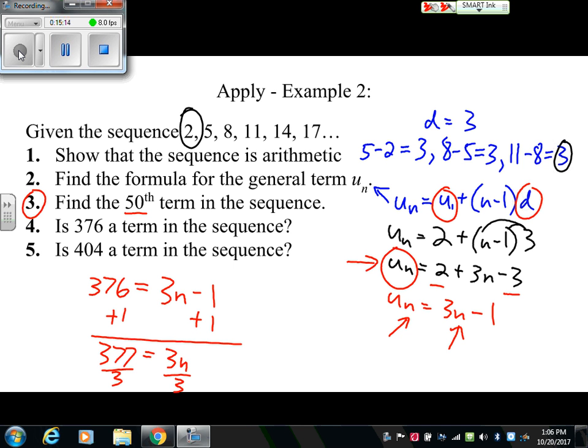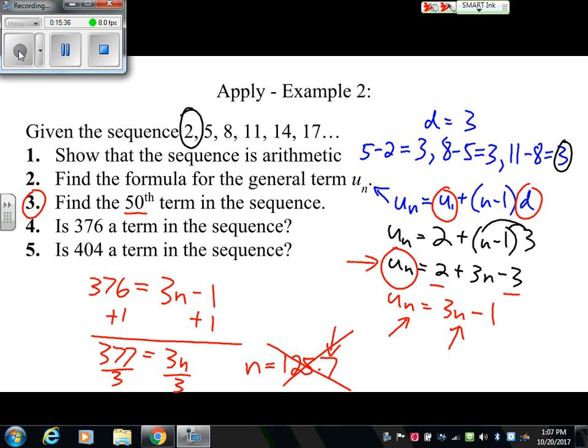And when I take 377 and divide it by 3 using a calculator, I end up with 125.7 approximately. And that's not an actual term value because it has this decimal. It was 0.6 repeating, really.